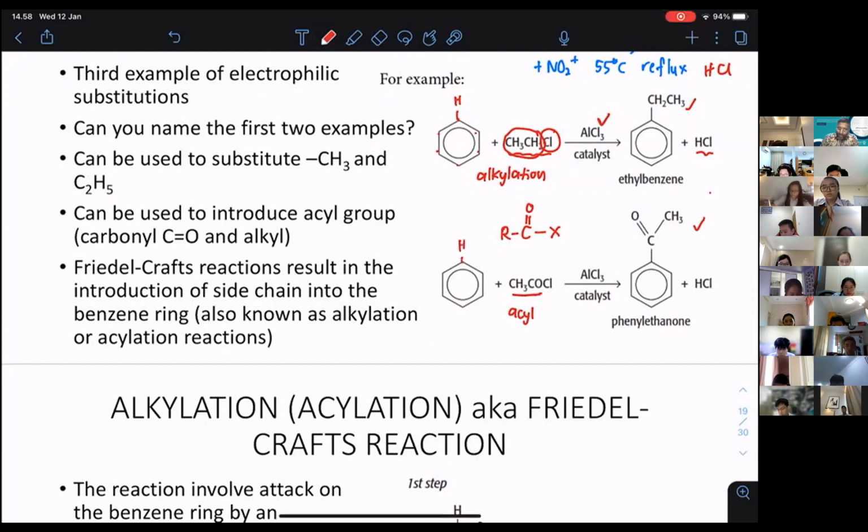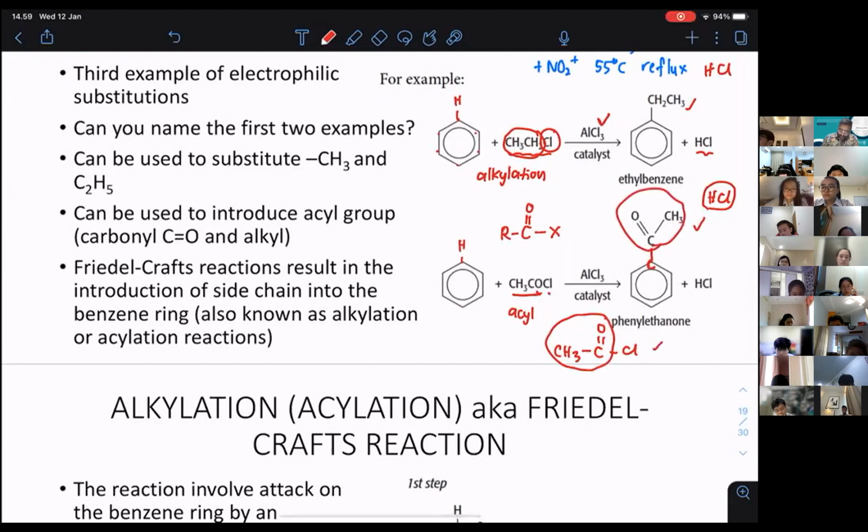The H comes out, Cl is left over, so HCl. Then I have CH3, C double bond O, and the Cl. I just take this part and put it onto the carbon over here, so we have this entire part. That is going to be acylation.